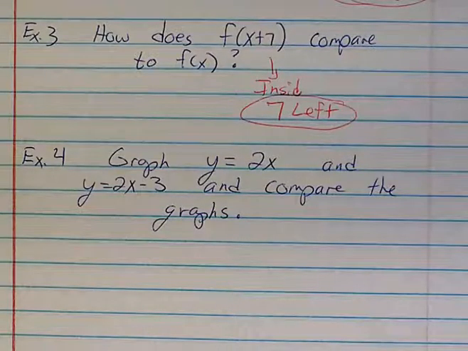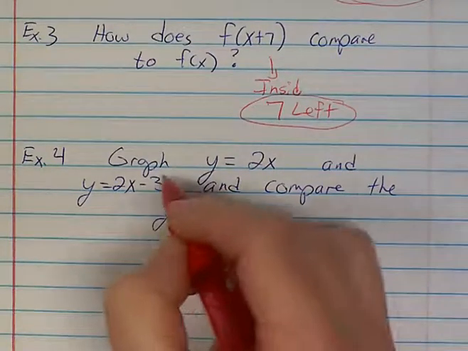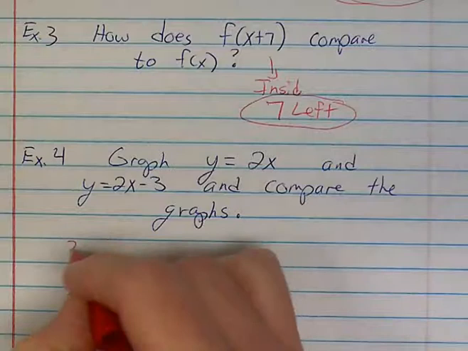So this one's kind of the same thing. Since there's no parentheses and no absolute value, then this negative 3 that's here has to be on the outside.